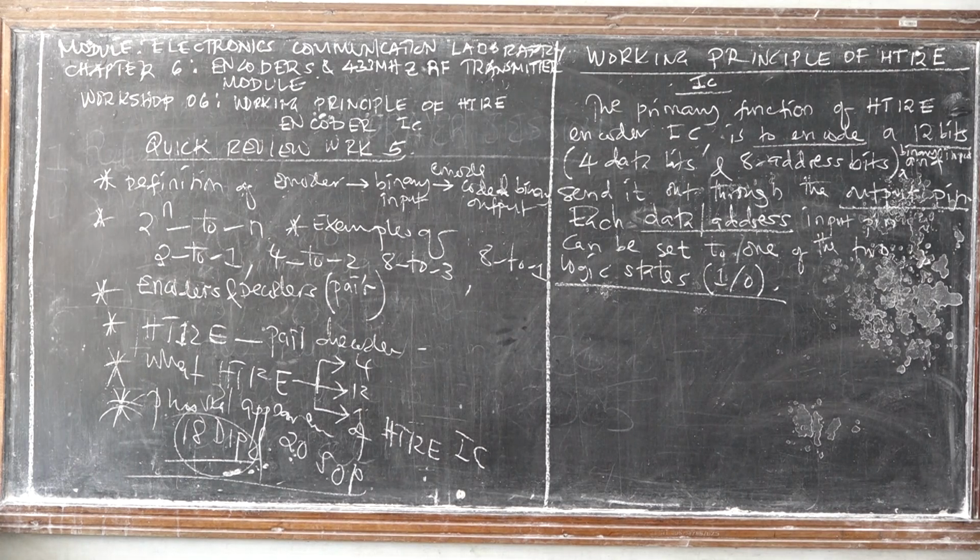These 8 address pins are also defined as input pins, but the user of this integrated circuit does not have access to supply any address to it. They add an address to the information which will be encoded by the HT12E encoder. Is it clear?